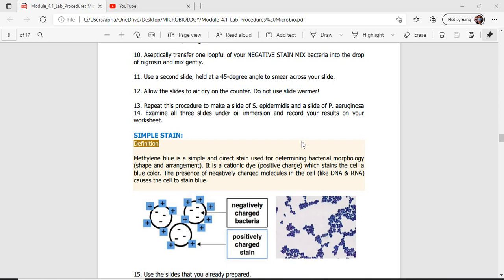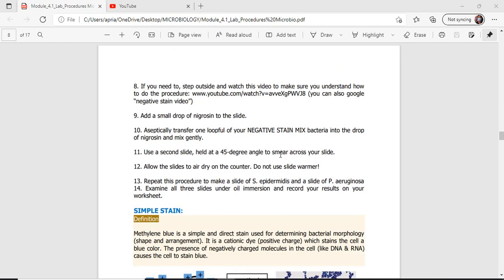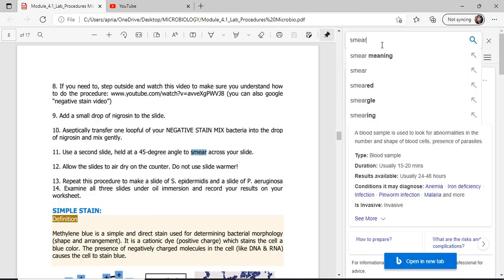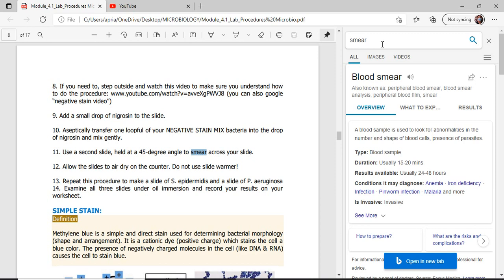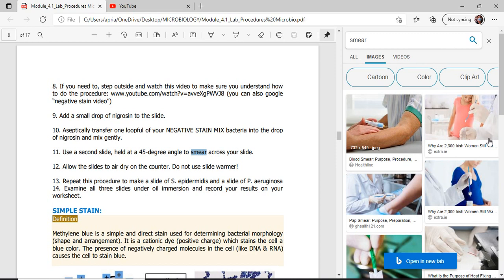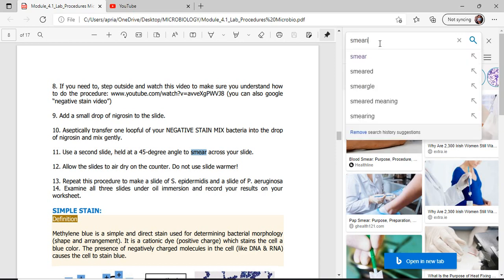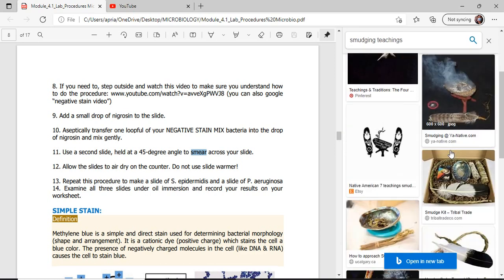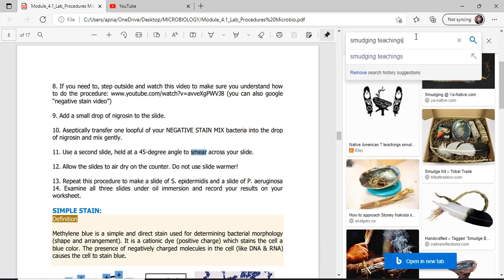Paano ko ni-demonstrate with the face-to-face man. Let me try to research that on the internet. Smearing. Smudging.